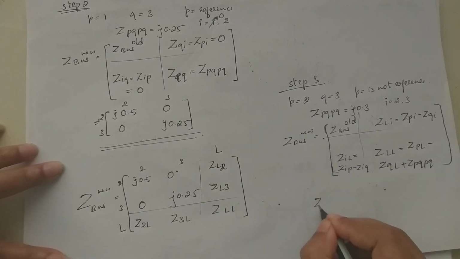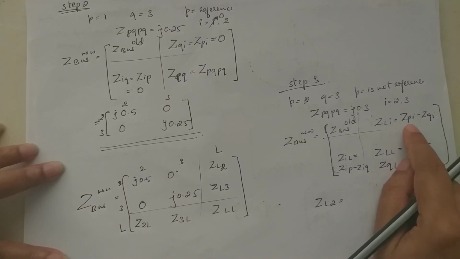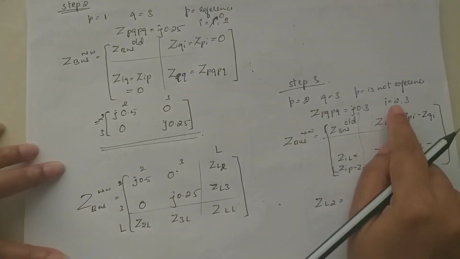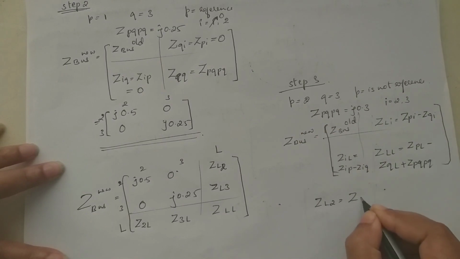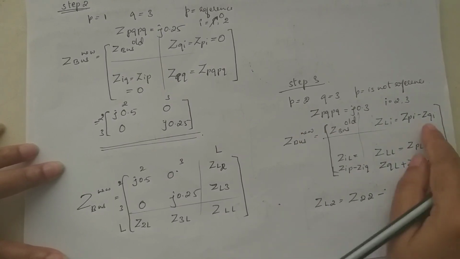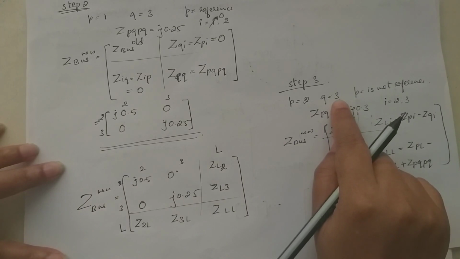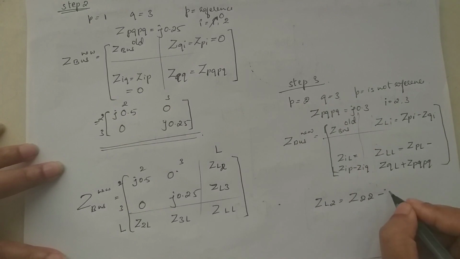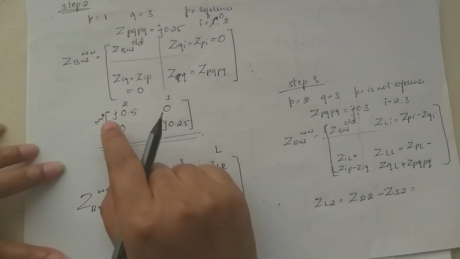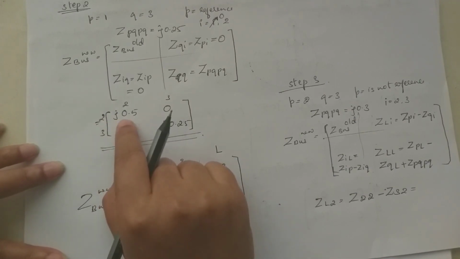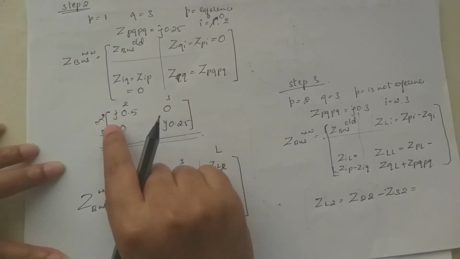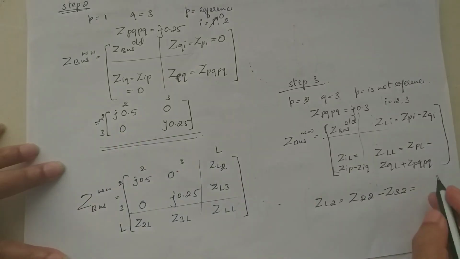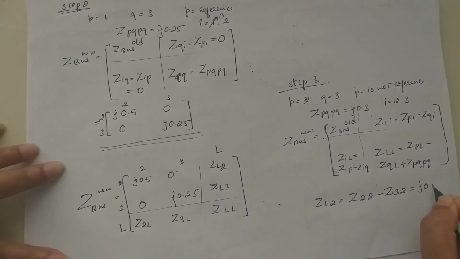ZL2 is equal to ZPI, where the P value is 2 and I value is 2, so Z22, minus ZQI, where the Q value is 3 and I value is 2, so Z32. Z22 is j0.5 and Z32 is 0, so it is j0.5 only.